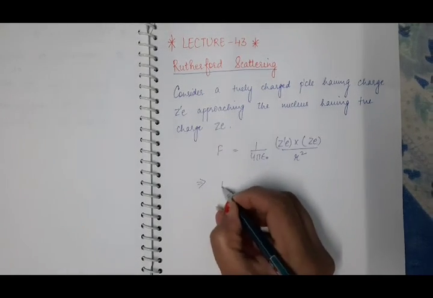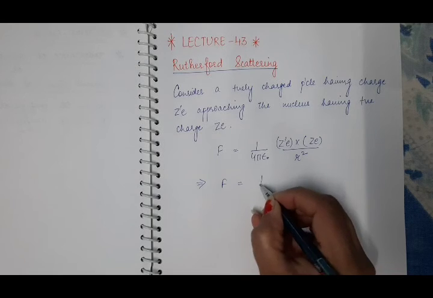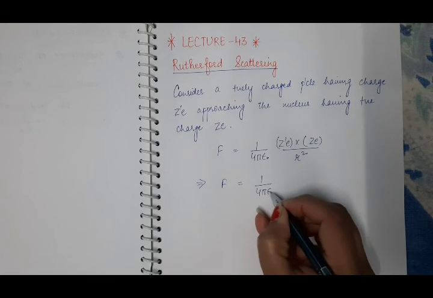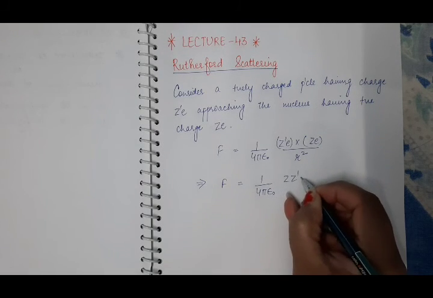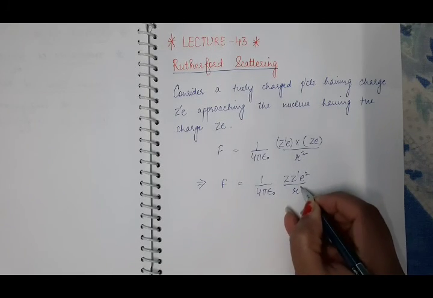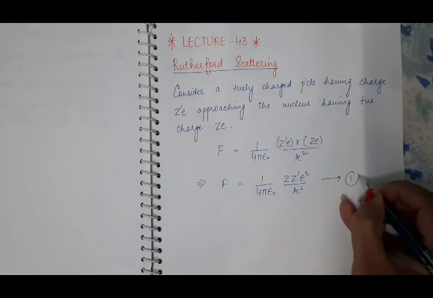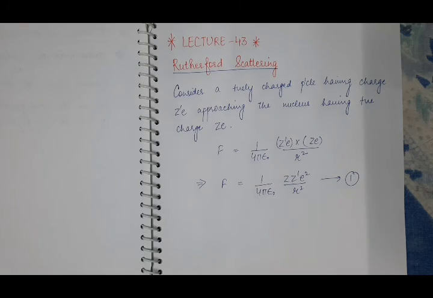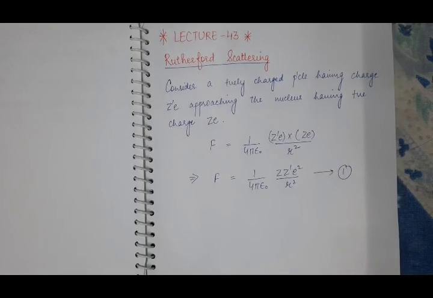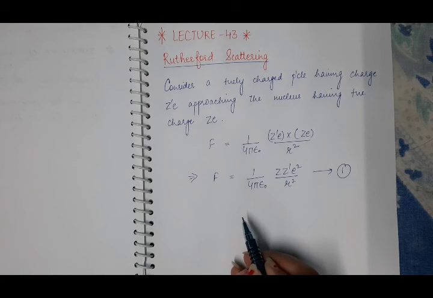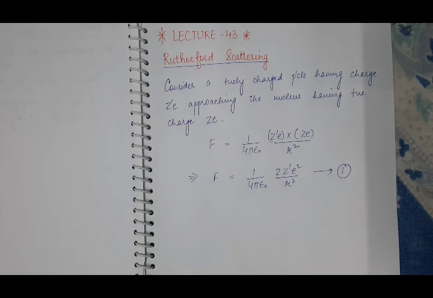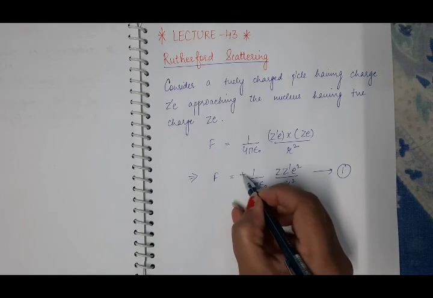So rewrite it: F is equal to 1 upon 4 pi epsilon naught Z square by R square, and suppose this is equation number 1. And as the force is repulsive in nature, and repulsive forces are positive in nature, that is why here we have a positive sign.